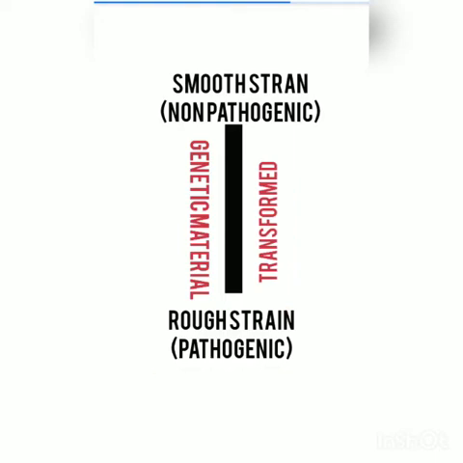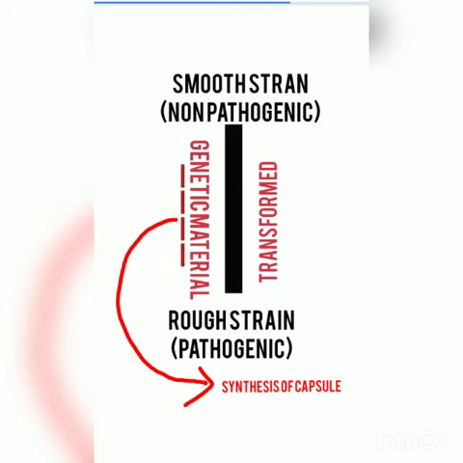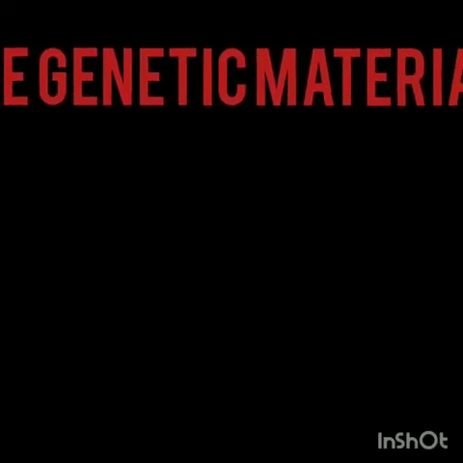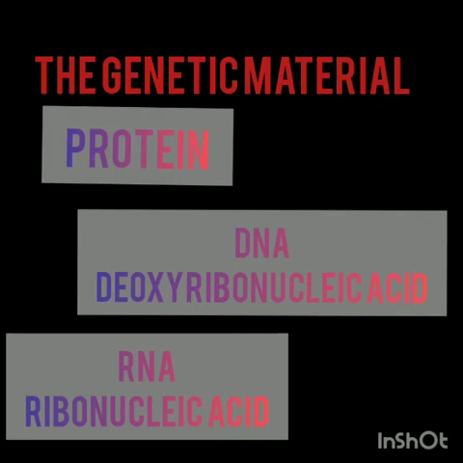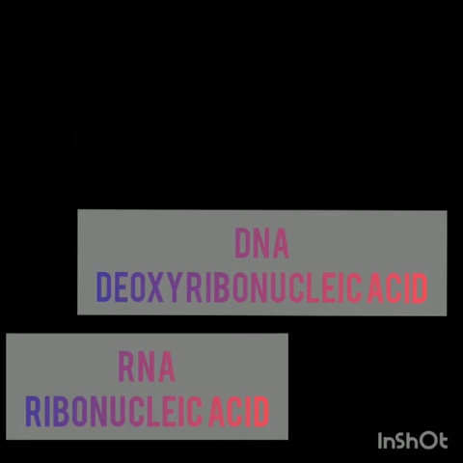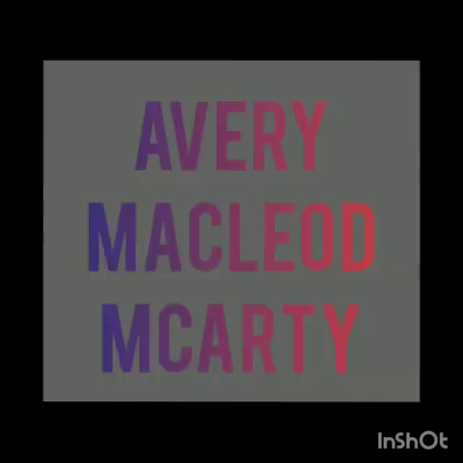This may be due to the transfer of genetic material, which enabled the R strain to synthesize capsule and transform itself to the virulent S strain. Now, the genetic material responsible for the transformation could be a protein, DNA, or RNA.